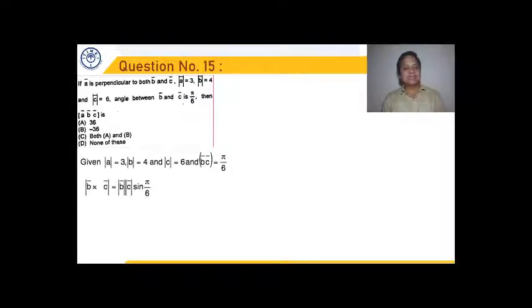Can you say B cross C is modulus of B multiplied by modulus of C into sine theta, where theta is pi by 6? Since we are taking modulus, the modulus of the unit vector is 1. So modulus B is 4, modulus C is 6, sine 30 is 1 by 2. So we get the value of modulus of B cross C as 12.